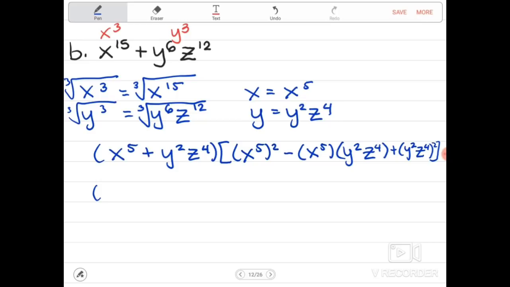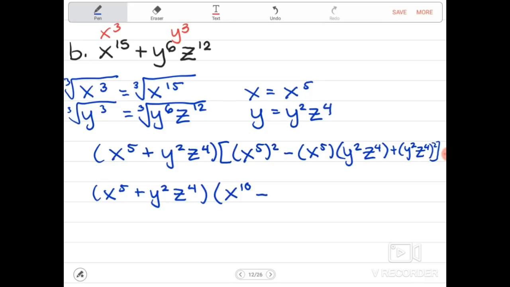So we have x raised to 5 plus y squared z raised to 4. Then this one, x raised to 5 squared, that is x raised to 10. So, exponent sa exponent yan na pinagta-times natin yan. Kasi isa lang naman yung base natin, dalawa yung exponent. So, multiply the exponent. Pero kung same base yan, add the exponent.